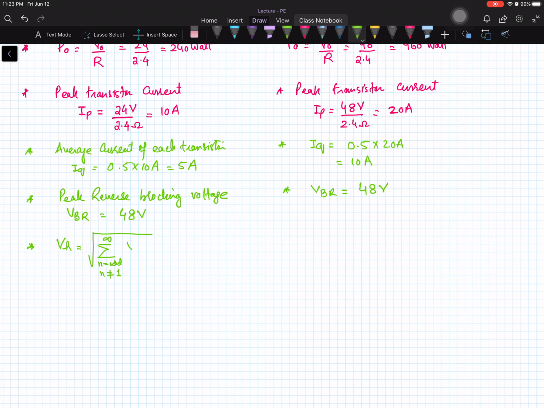So the harmonic voltage can be written as the square root of the total output voltage squared minus the fundamental component squared.